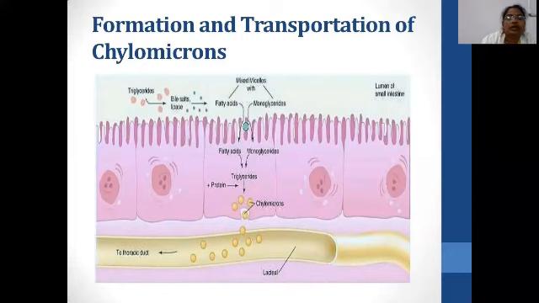This combination will enter the intestinal epithelial cell from the lumen. The fatty acids and monoglycerides are converted into triglycerides, and along with protein, they form chylomicrons.